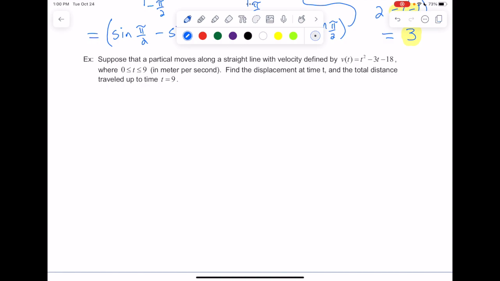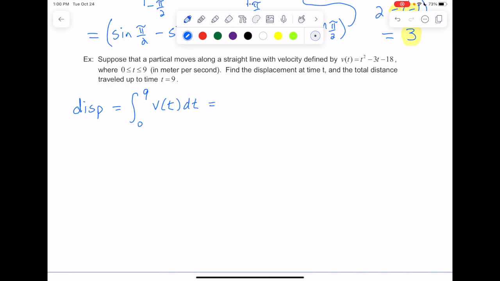So for displacement, you just want to know where did the object start and where did the object end. So this one actually can be done pretty quickly. For displacement, we're just going to take the definite integral from 0 to 9 of v of t dt. So why does that make sense?